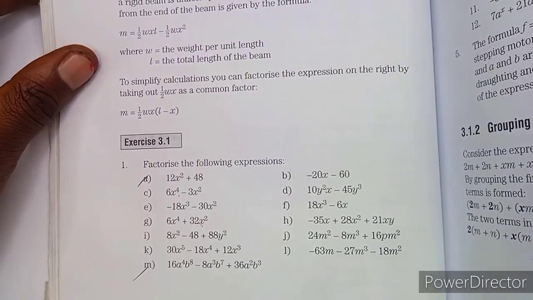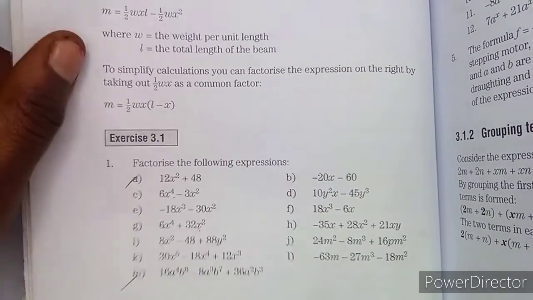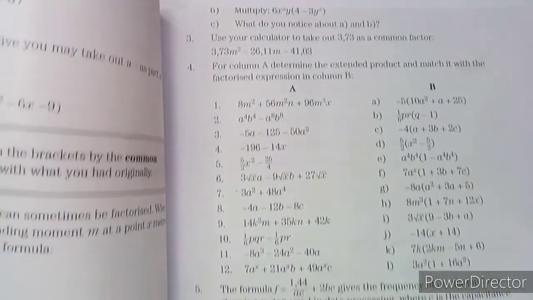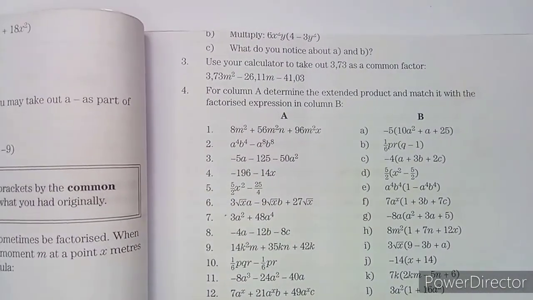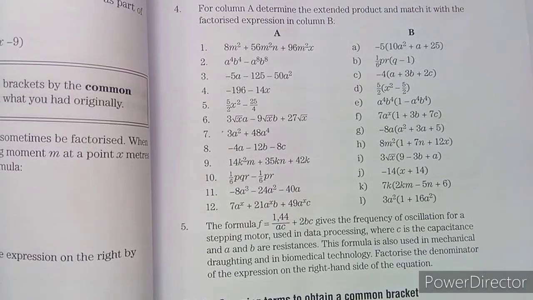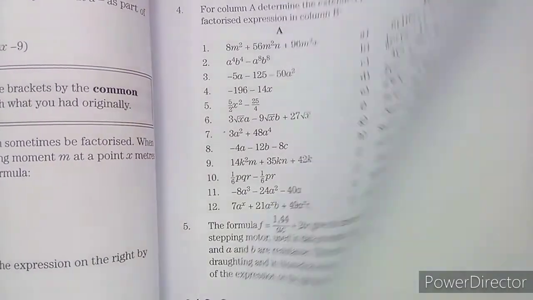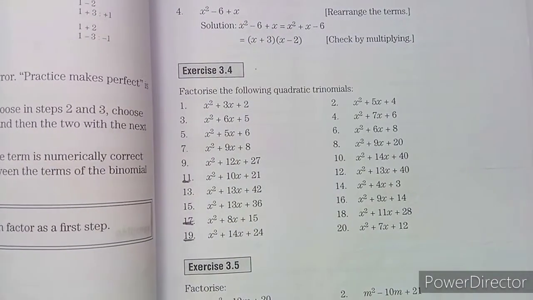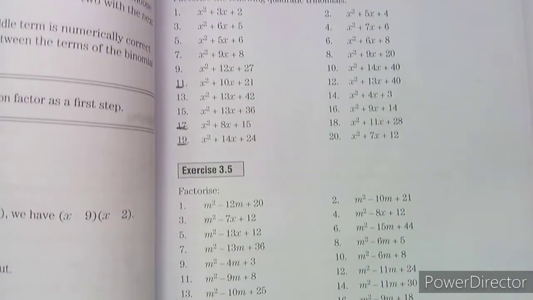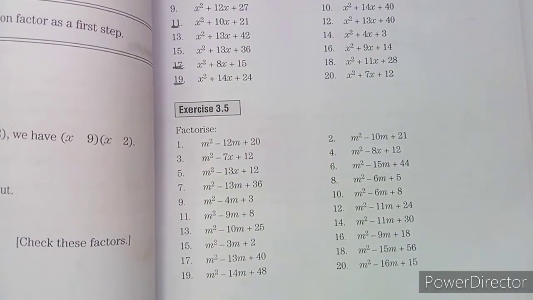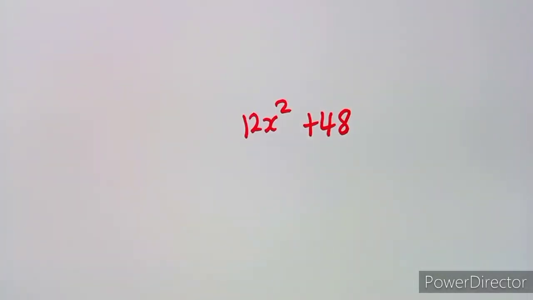These are the questions that we have, a lot of them, and also here a lot of them on factorization, a lot of questions that we can work with. So we shall see how far we are going to work this up to. So I just gave an example like this one where you're asked to factorize.